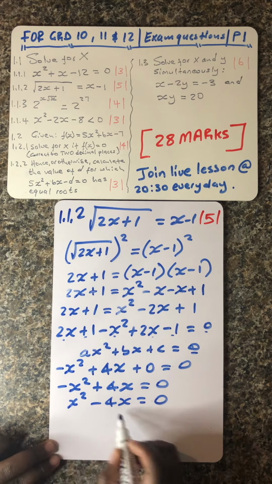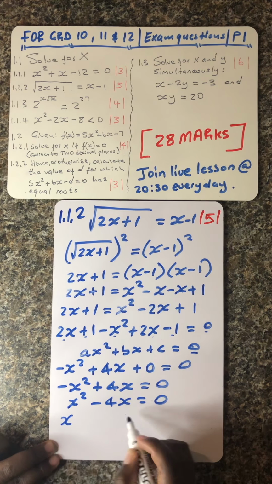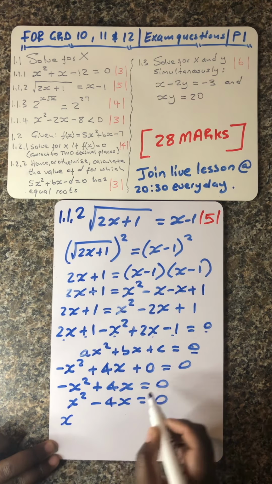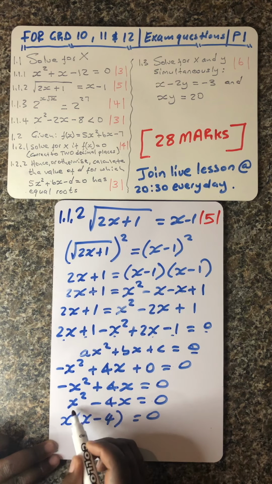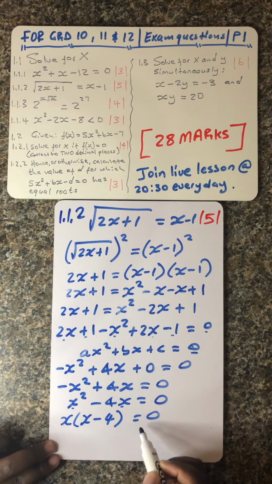But firstly, with this one, this is how you factorize it, because you see it's 0, so you just take out x as common factor, then you have x on the outside into x minus 4. So you took out x as common factor because x is in the first term and the second term. So now that means your x is equal to 0.